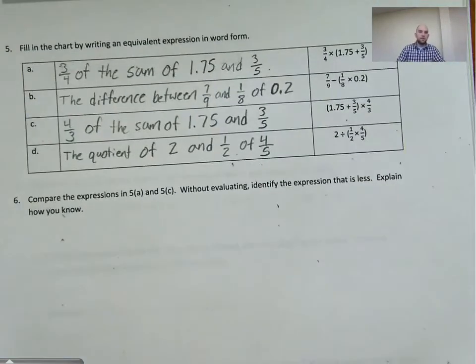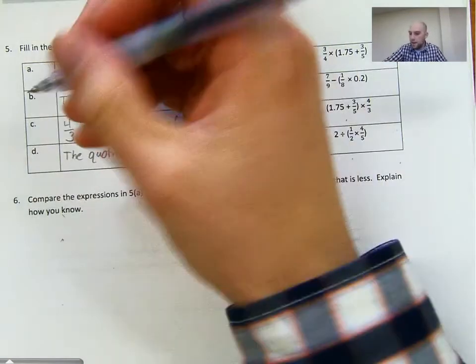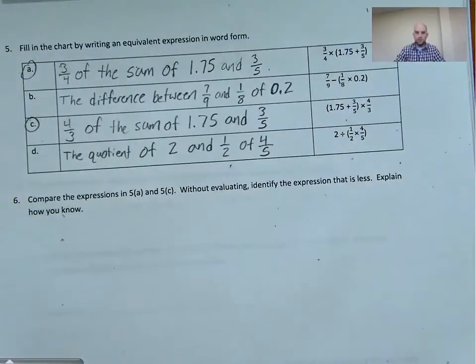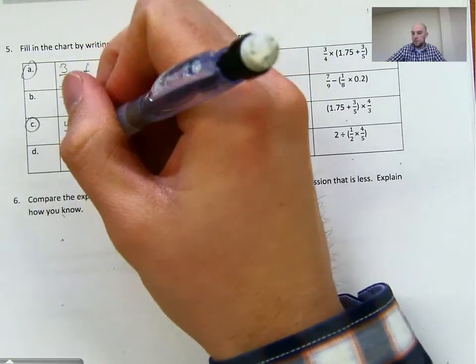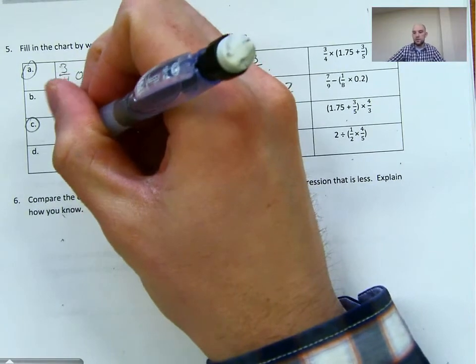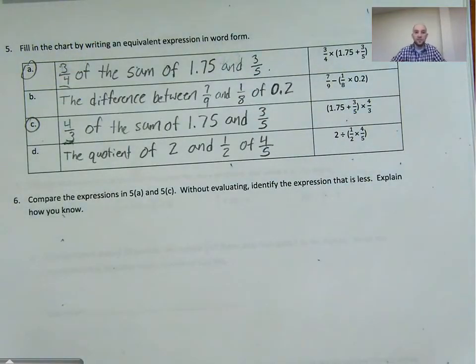Number 6, compare the expressions in 5A and 5C. Without evaluating, identify the expression that is less. Explain how you know. So we have 3/4 of the sum of 1.75 and 3/5. And we have 4/3 of the sum of 1.75 and 3/5. Well, 3/4 of a number is going to be less than 4/3 of a number. 4/3 is a greater fraction.